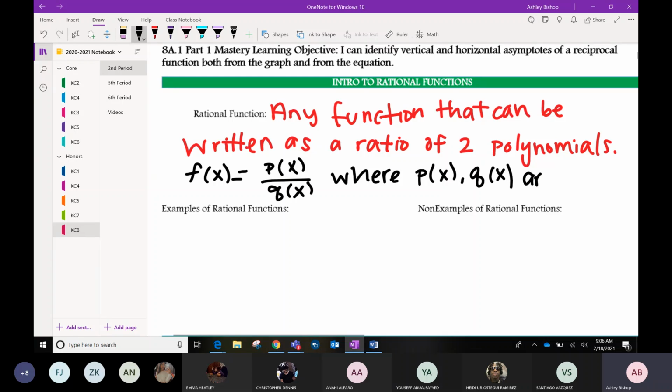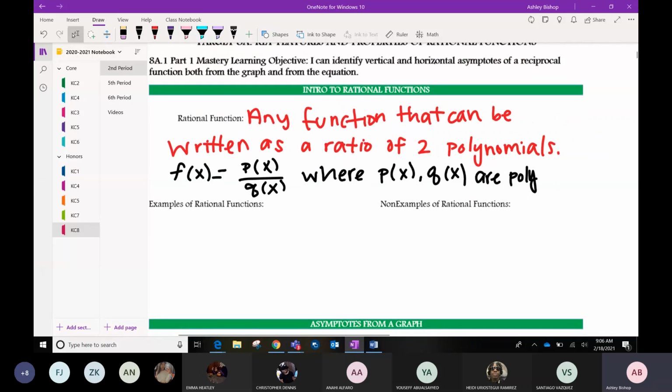So really it's where I have a fraction with a polynomial on top and a polynomial on bottom. And I'll give you more specific examples in a second. But a rational function, hold on, let me finish this word. A rational function is where I have a fraction with a polynomial on top and a polynomial on bottom. This unit goes directly hand in hand with the unit we just finished.